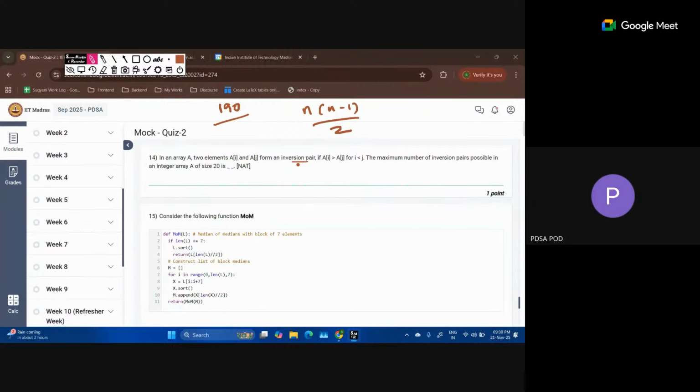If you keep on totaling it, you will have n minus 1 plus n minus 2 plus n minus 3 and so on up to 0. This is basically the sum of the first n integers, that's how you get n into n minus 1 by 2. That is exactly the solution.